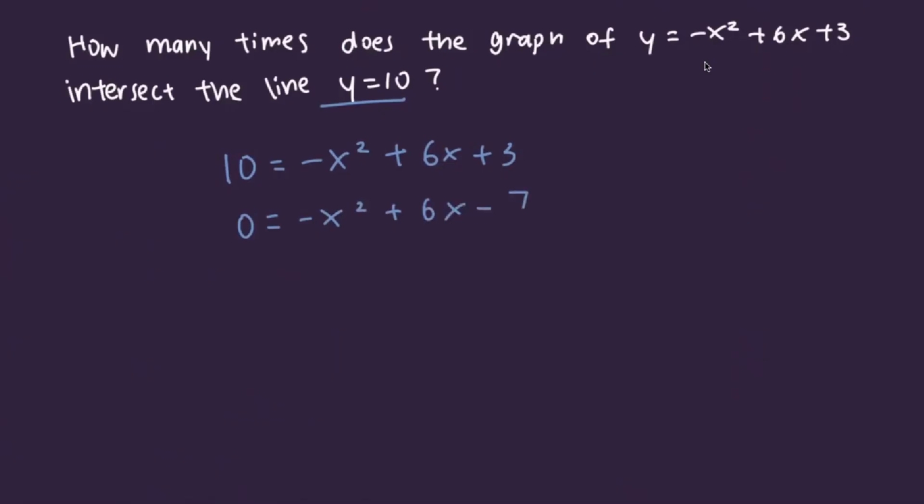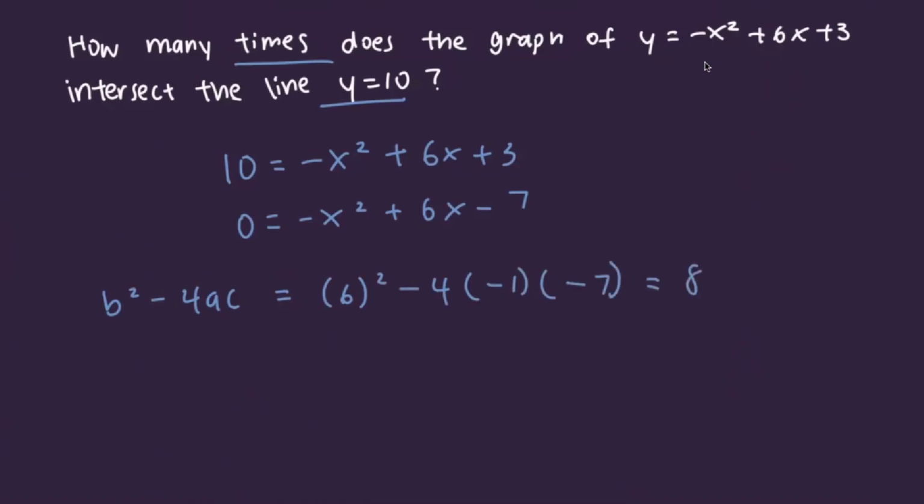Now, since they're just asking for the number of times the graphs intersect each other, we do not have to find the value of these intersections. So what you can do is use the discriminant. To find our discriminant, it would be 6 squared minus 4 times negative 1 times negative 7, in which you will get 8.